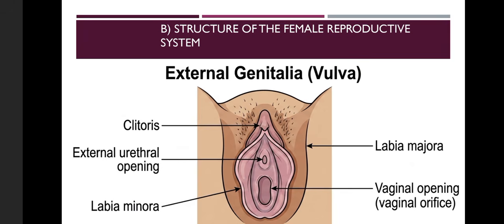There is a part that you are calling the external urethral opening. That is the exact point where urine normally comes out in females. Then there is a part that you are calling the vaginal opening. That is the point that normally accommodates the sperms that are normally introduced into the female reproductive system by the penis during copulation.